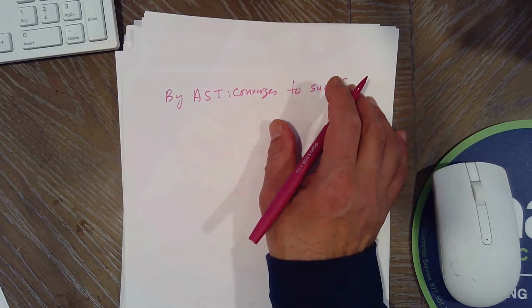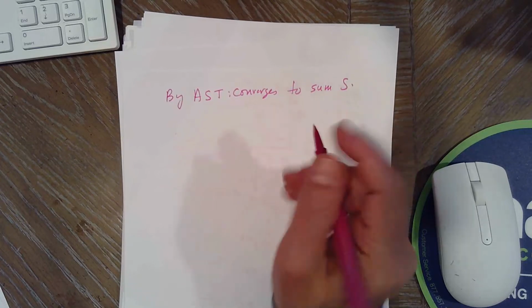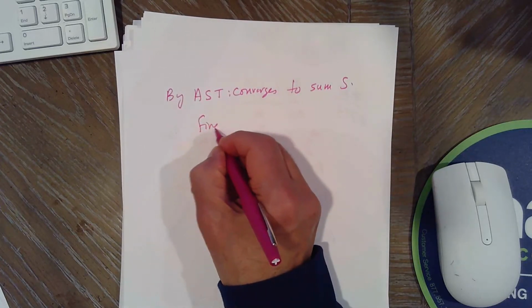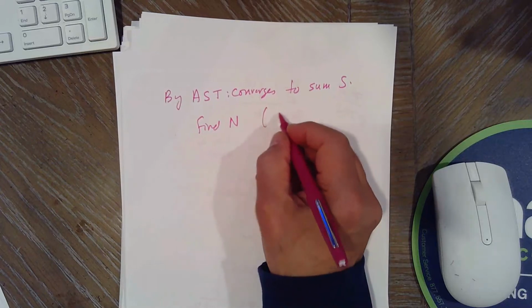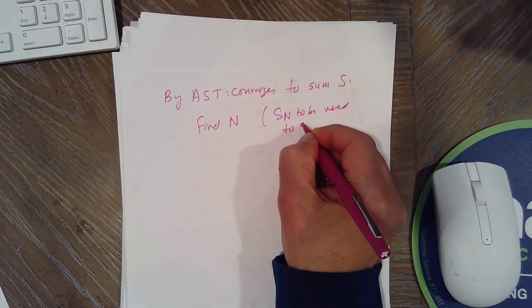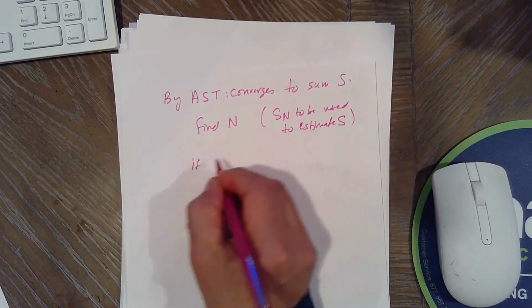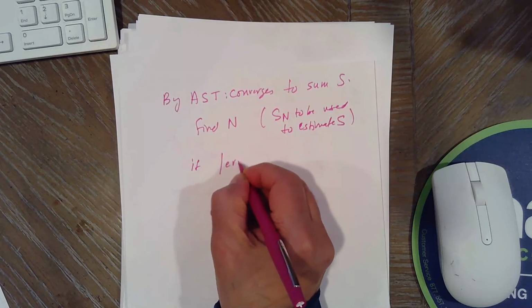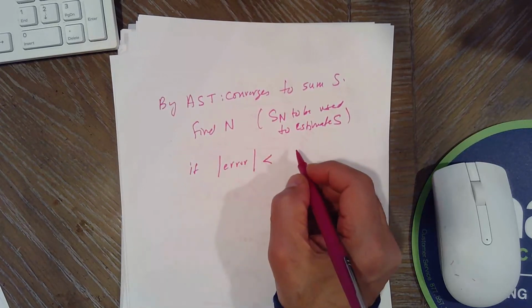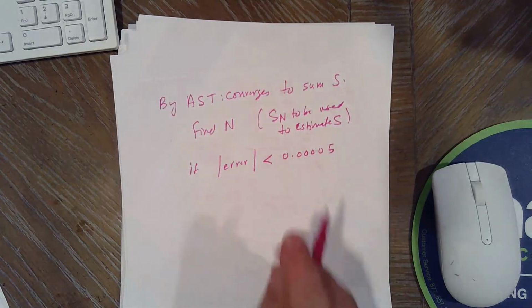Okay. Now it asks how many terms of the series do we need to add in order to find the sum to the indicated accuracy? Okay, so we need to find n. That means the Sn to be used to estimate S if the error is less than 0.00005.